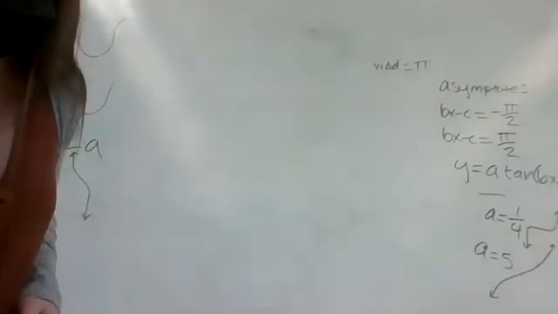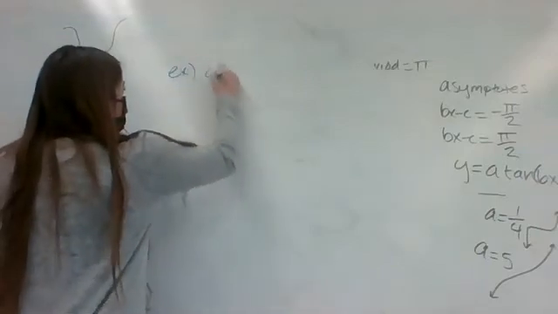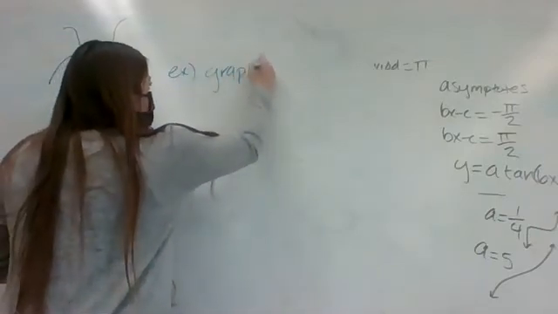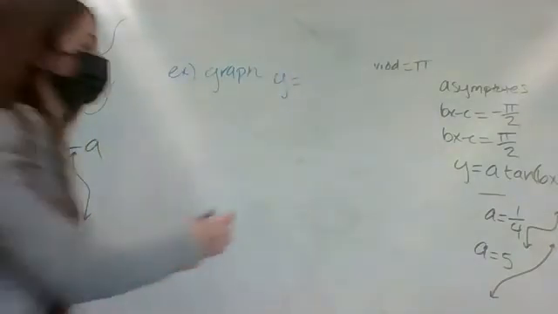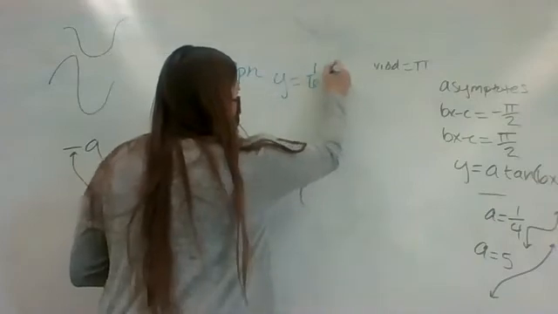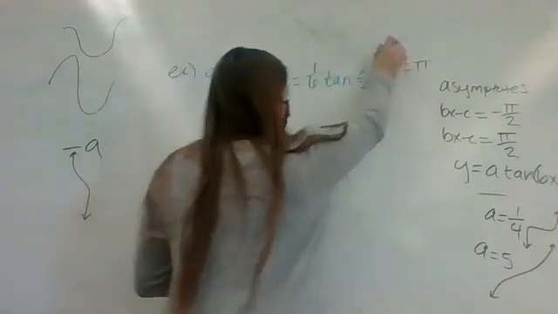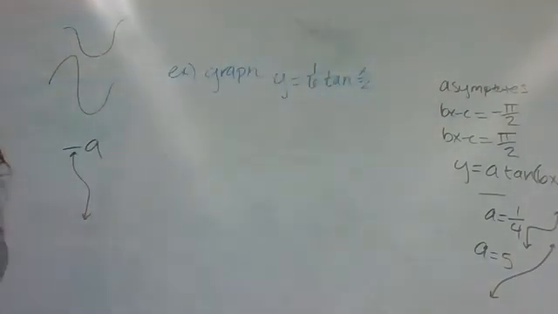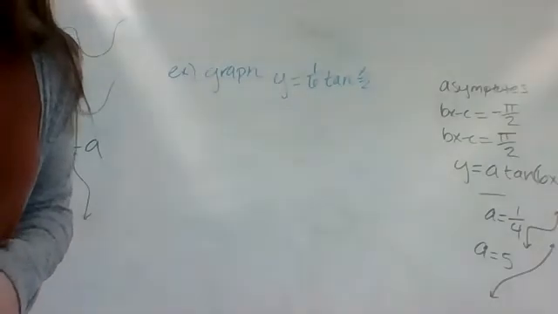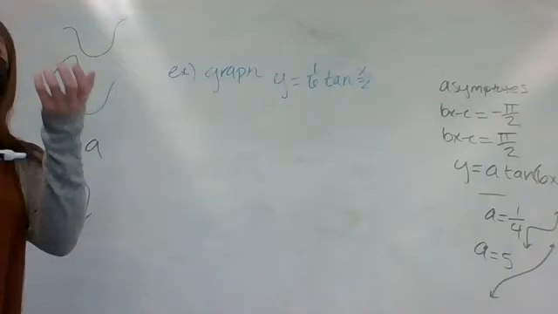Okay, so let's start by graphing y equals 1/6 tangent x over 2. Just like we did before, we want to pull out our b value.